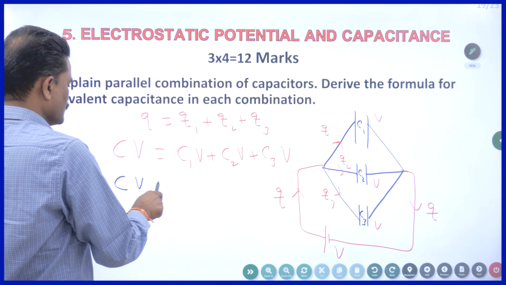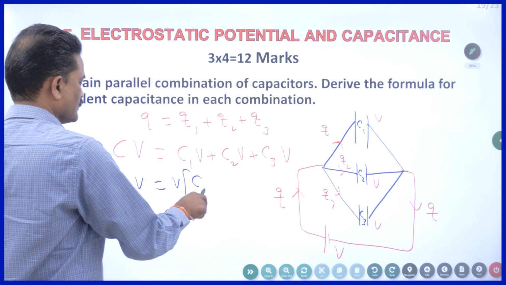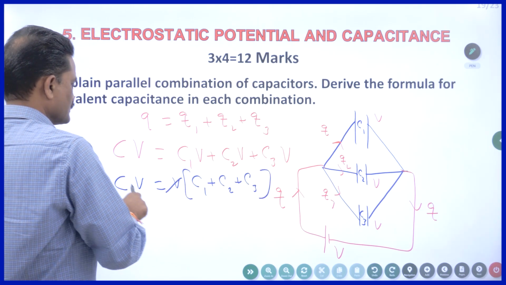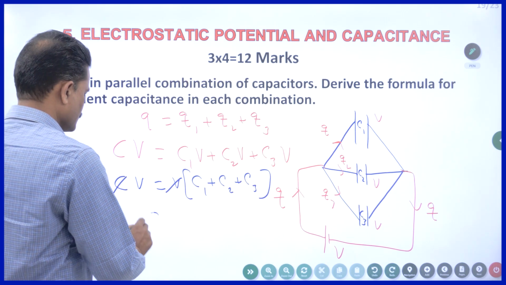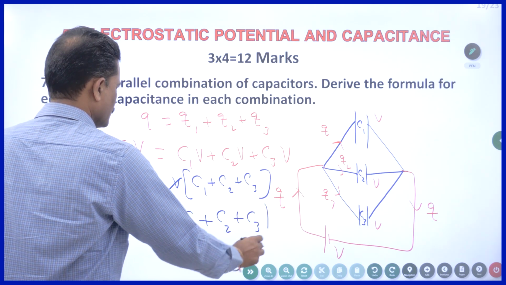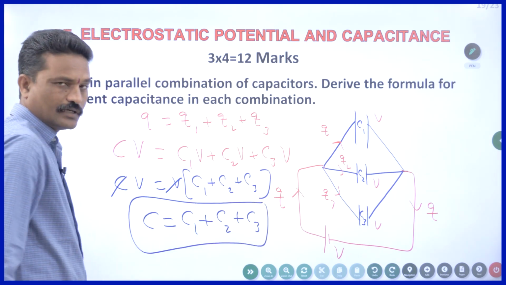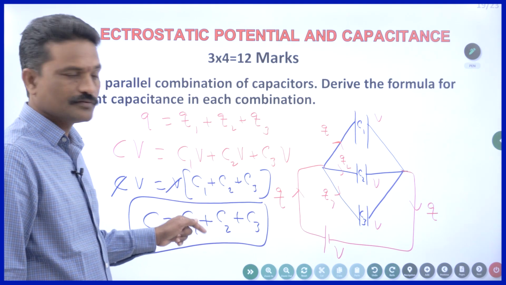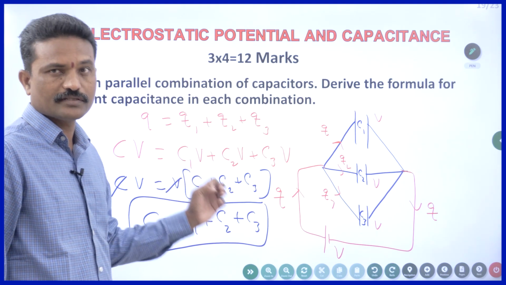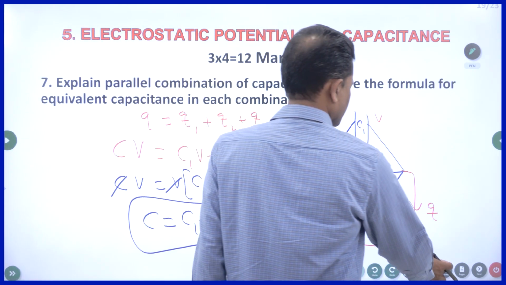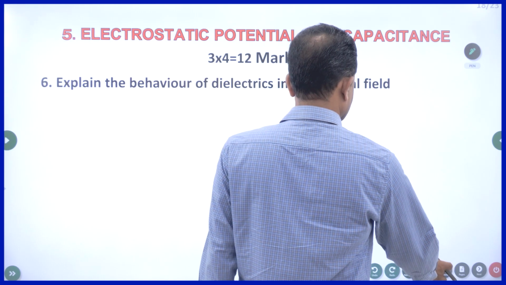So, CV is equal to V times C1 plus C2 plus C3. So, V gets cancelled. You end up with simply C is equal to C1 plus C2 plus C3. What does it mean? In parallel combination, the equivalent capacitance is equal to sum of the individual capacitances. If you derive this, you will be getting 4 marks. Very simple.